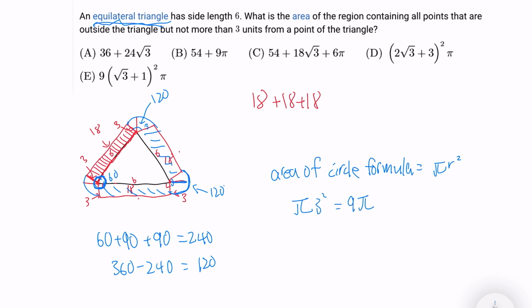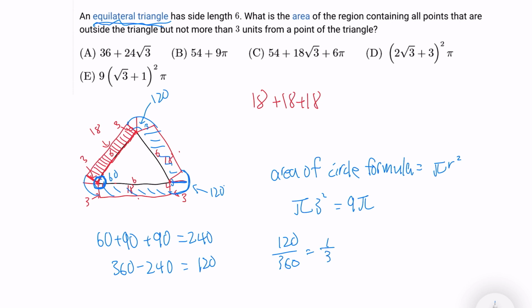So the full circle has an area of 9 pi. But we don't have the full circle right here. We have portions of the circle, and the portion is 120 degrees out of 360, the degrees of the full circle. Simplified, we get 1/3.